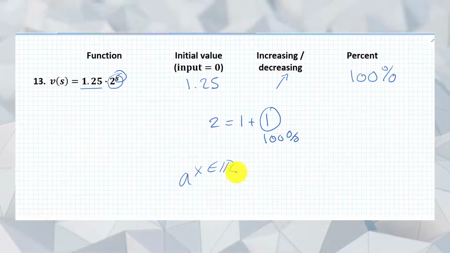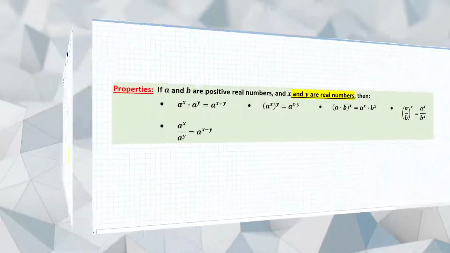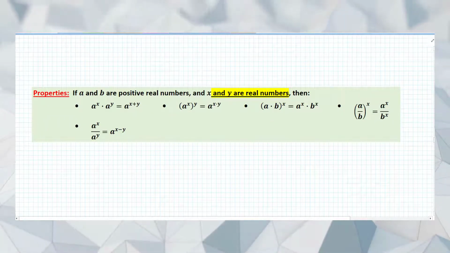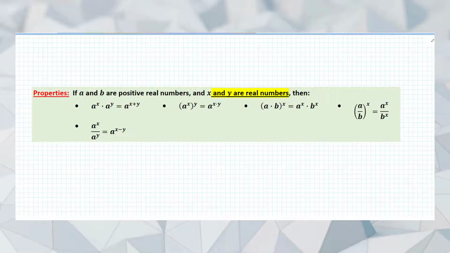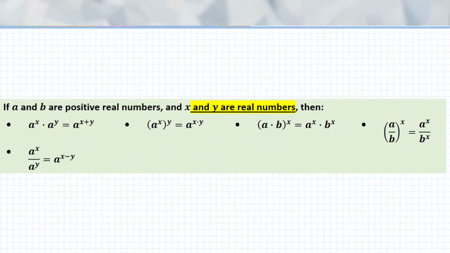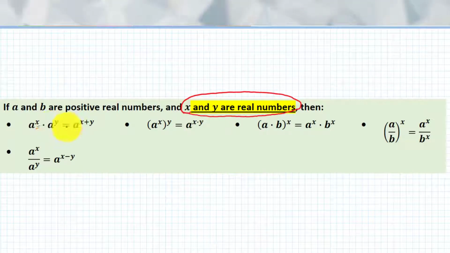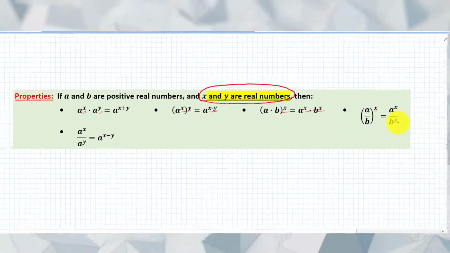Let's quickly recall these properties. Here we go. You should be very familiar with every property on this list. The only thing that you didn't know until now is that they are all true no matter what you put at the exponent: natural numbers, integers, rational numbers, or real numbers. All these properties are true for any of these exponents.